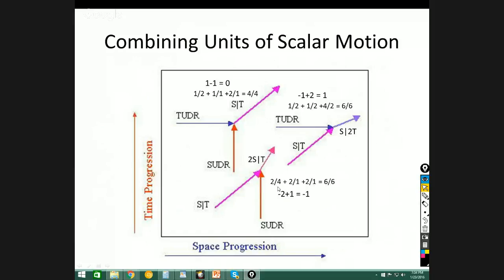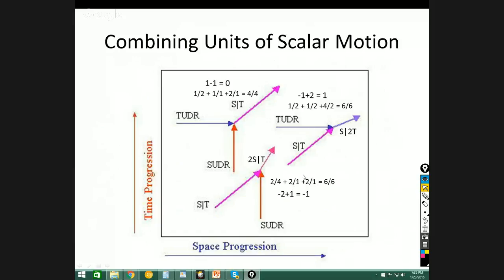Here we have now 2 of these. No. This one is the S unit. So we have 2 S's, each is 1 over 2, so that gives us 2 over 4. And then that increases our middle term because now we have 2 units going in and 2 units going out.